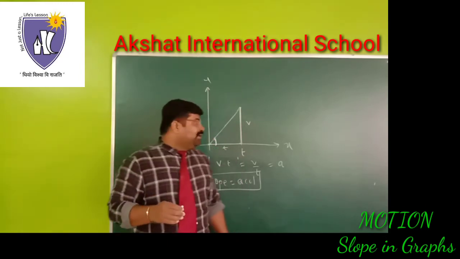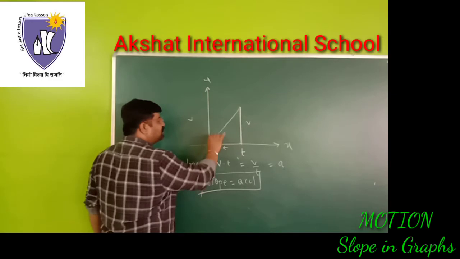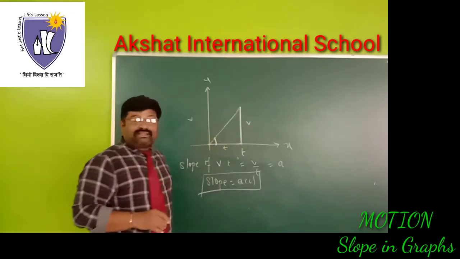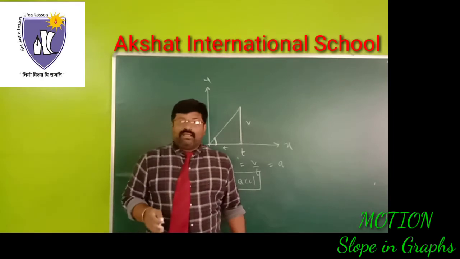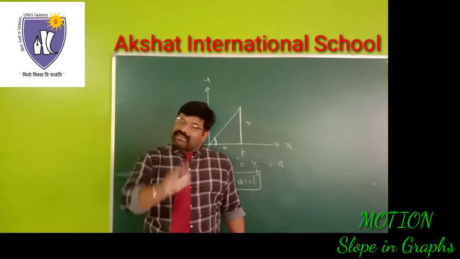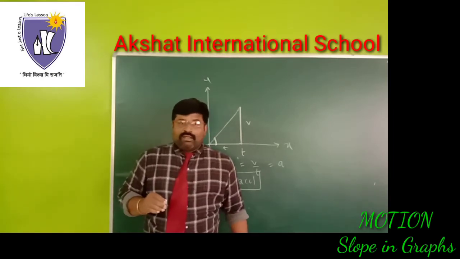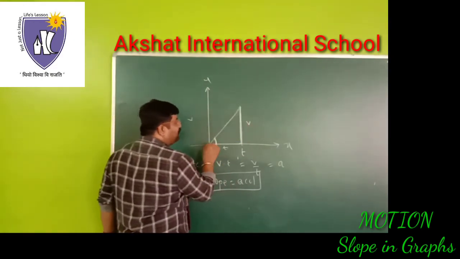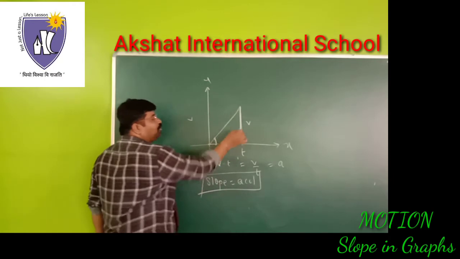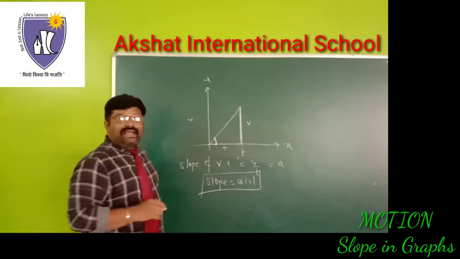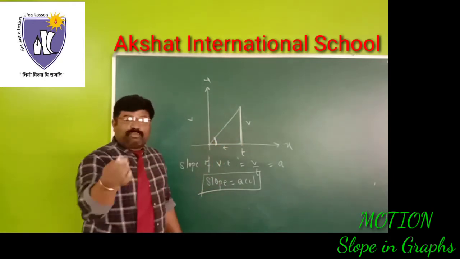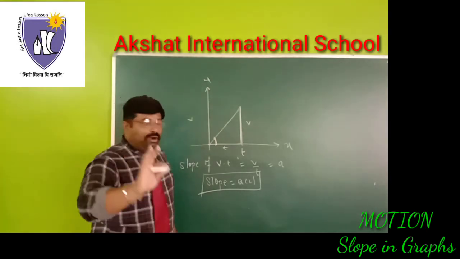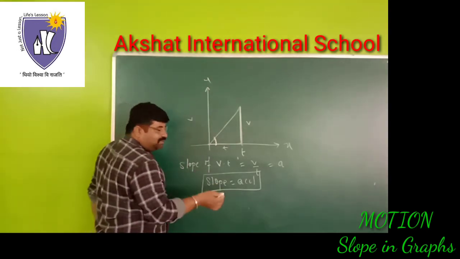In trigonometry, this ratio of perpendicular and base has a proper explanation. It is called the tangent of the angle, or tan of the angle, which is basically the slope. That you don't have to worry about; we'll see that in class 10th.